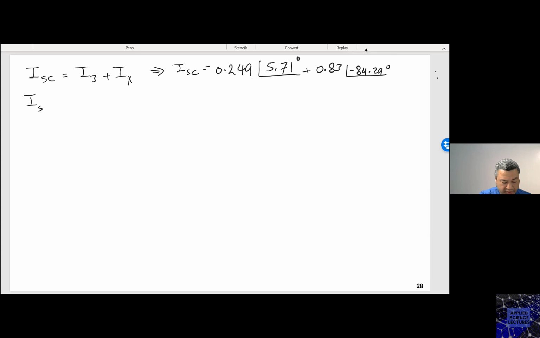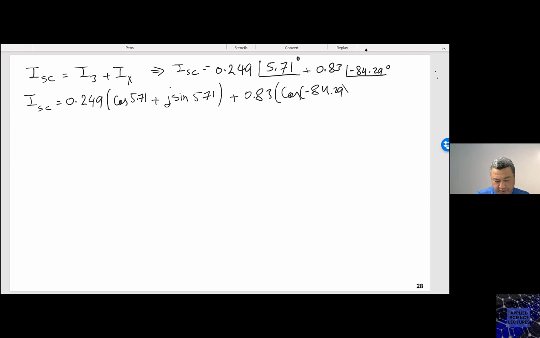So I have I short circuit as 0.249 cosine 5.71 plus j sine 5.71 plus 0.83 cosine minus 84.29 plus j sine minus 84.29.